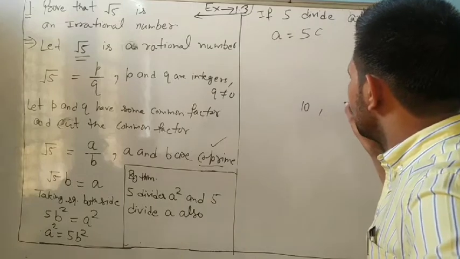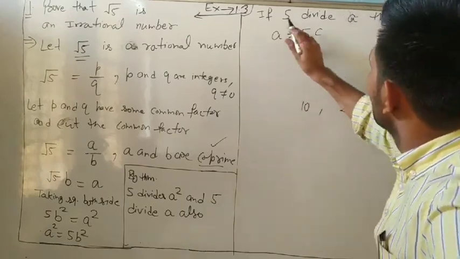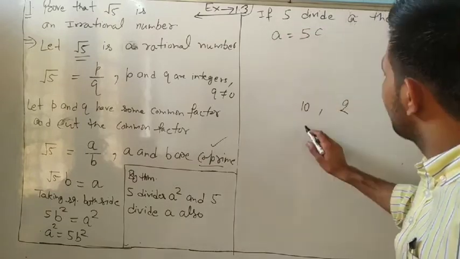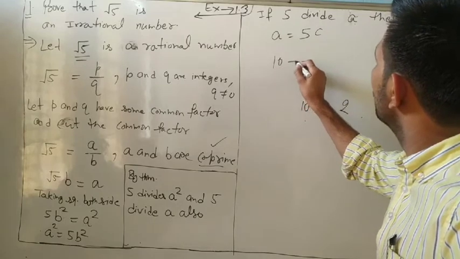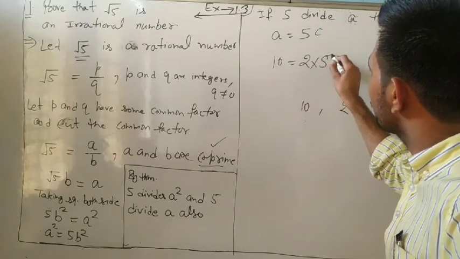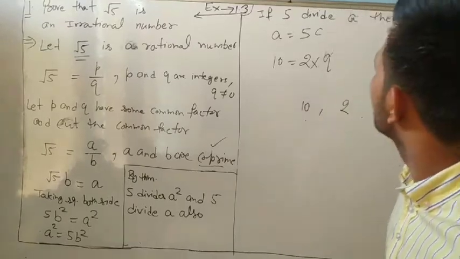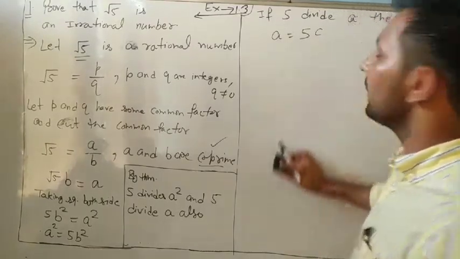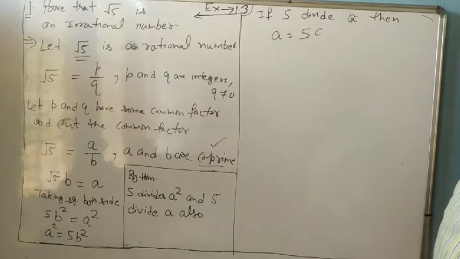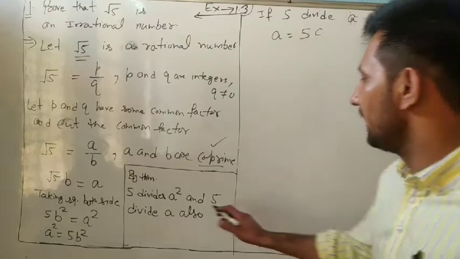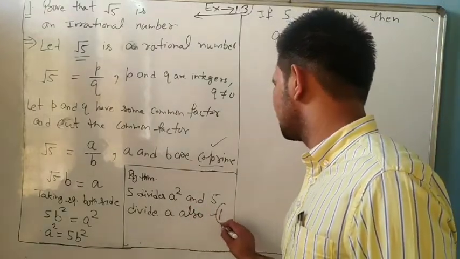If 10 is divided by 2, 10 equals 2 into some number or not? 2 into 5, or 2 into q, some quotient or not? So it means a equals 5c. So what is the meaning? It means 5 divides a also. Equation number 1 you can say that.